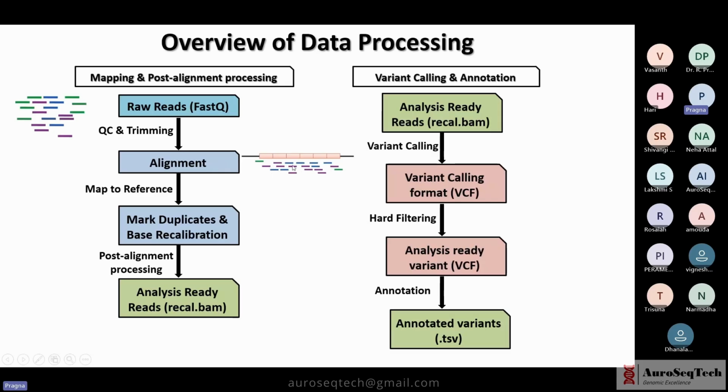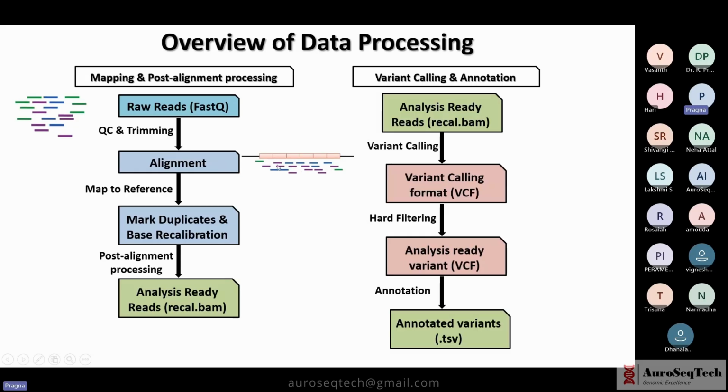Now we have reads aligned to the reference genome, but since an amplification procedure is involved in the wet lab, you might have more than one read, a duplicated read, at the same position. It's not actually a different read, it's a duplicate of the same read. Again, we will see this in detail in future sessions.